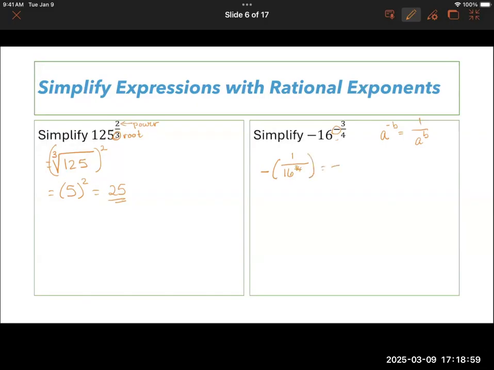And then I'm going to take that denominator, and I'm going to think of it as the 4th root of 16, and then I'm going to cube that. So the 4th root of 16 is 2, and then we're going to cube the 2, and so that's going to give us a negative 1 over 8. Okay? So that's how you simplify rational exponents. You think about them in terms of their radical equivalent.